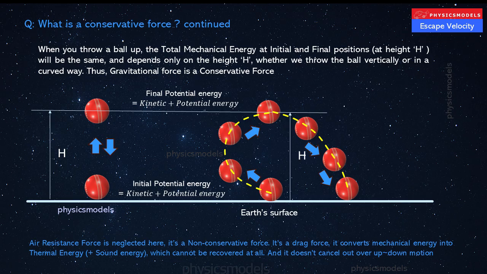Therefore, the gravitational force is considered a conservative force because it's independent of the path of motion and it only depends on the initial and final positions of the mass.